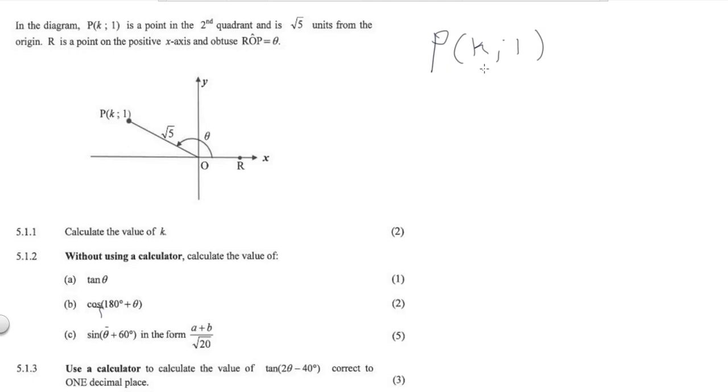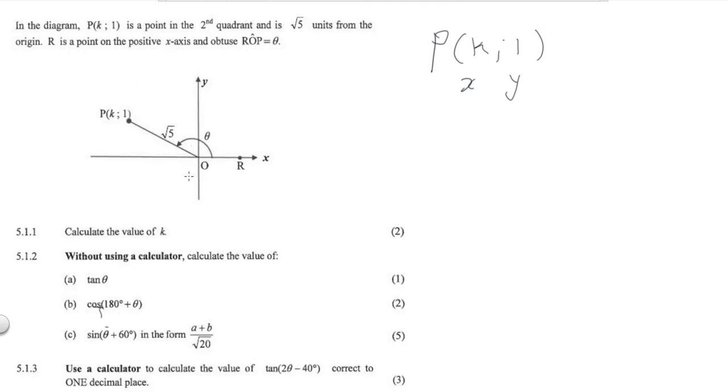In any coordinate, you have a coordinate represented by x and y. They say that in the diagram, the point p with the coordinate k and 1 is a point in the second quadrant and is square root 5 units from the origin.